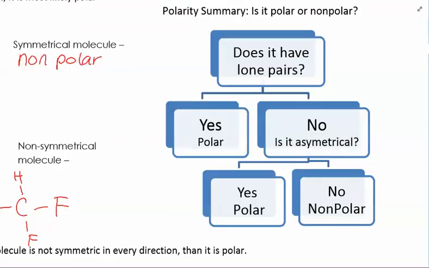There's this table you can use of a series of questions to help you determine if it's polar or nonpolar. And when we talk about polar and nonpolar, it's really not two groups. There's kind of things in the middle that are sort of polar or sort of nonpolar. We call it slightly, and that's more complex. We're not going to really get into that as much, but just keep in mind there is that differentiation.